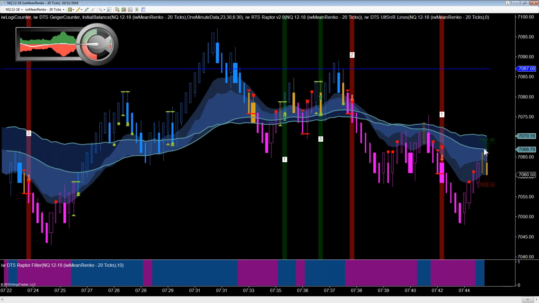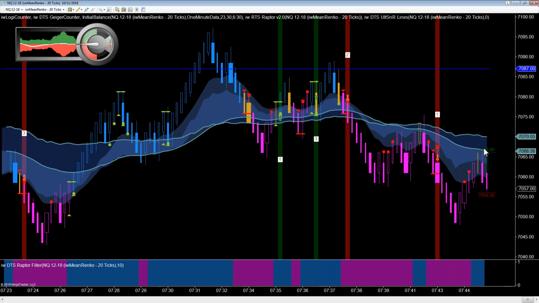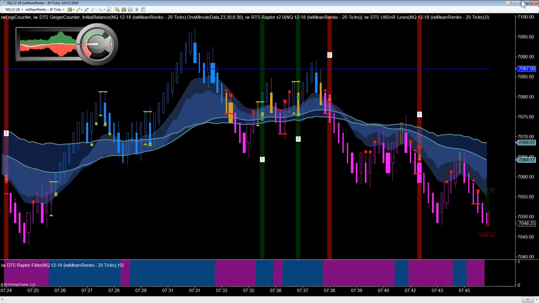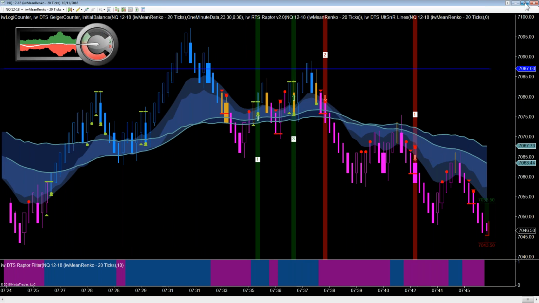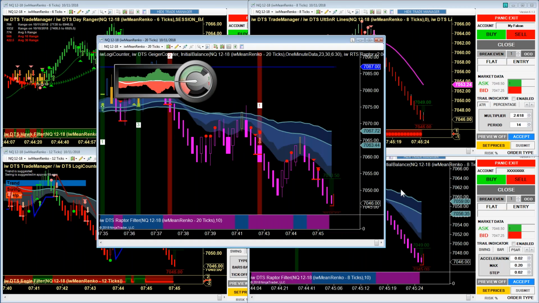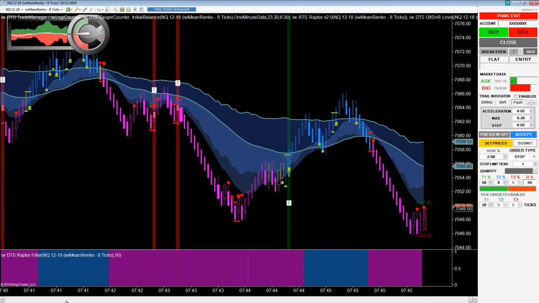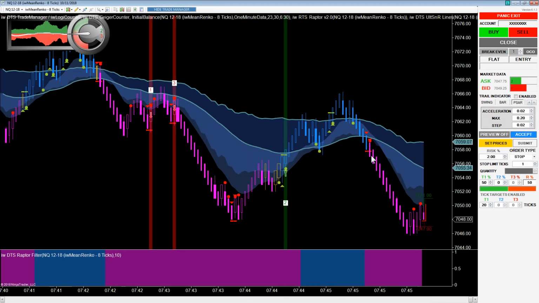And you can see here we're getting a hard edge bounce off of our large tick chart, and that would have given us a comparable signal here in the faster chart. Right there, there's your hard edge bounce.